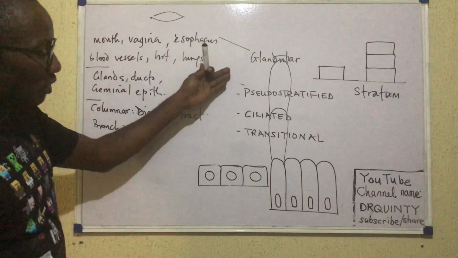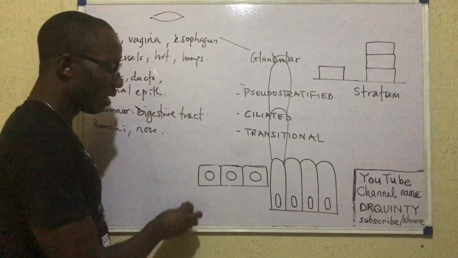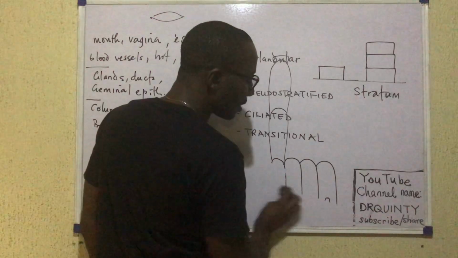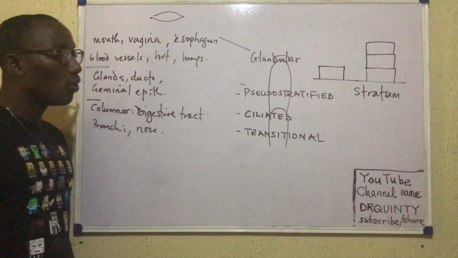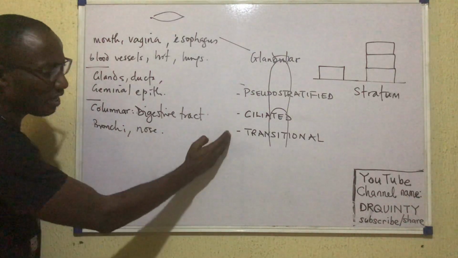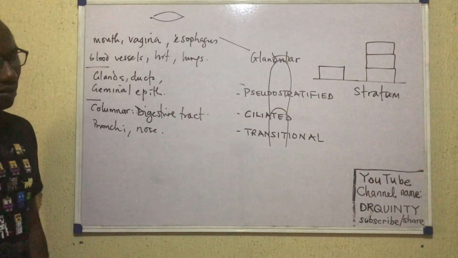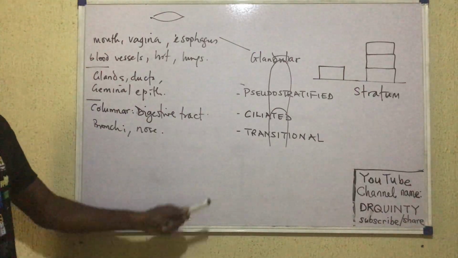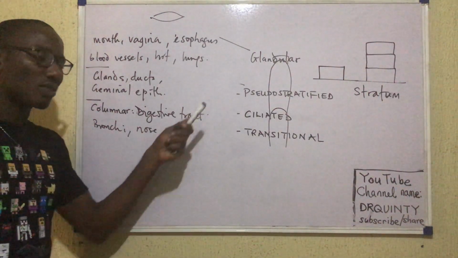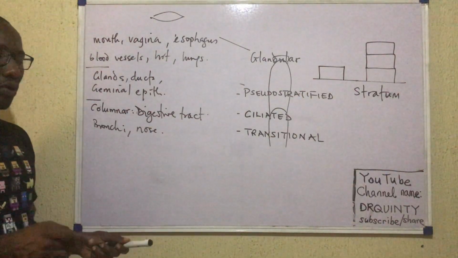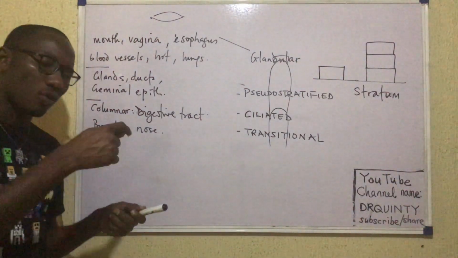Now for these special forms that I mentioned here, they are modifications that occur mainly in columnar epithelium. Columnar is the one that undergoes many of these modifications that we have listed here. So it's hard to say pseudostratified squamous or pseudostratified cuboidal. What you find is pseudostratified columnar.